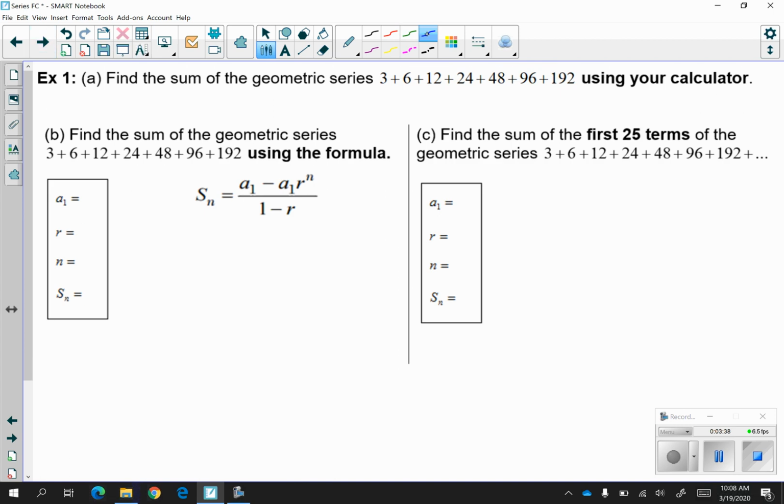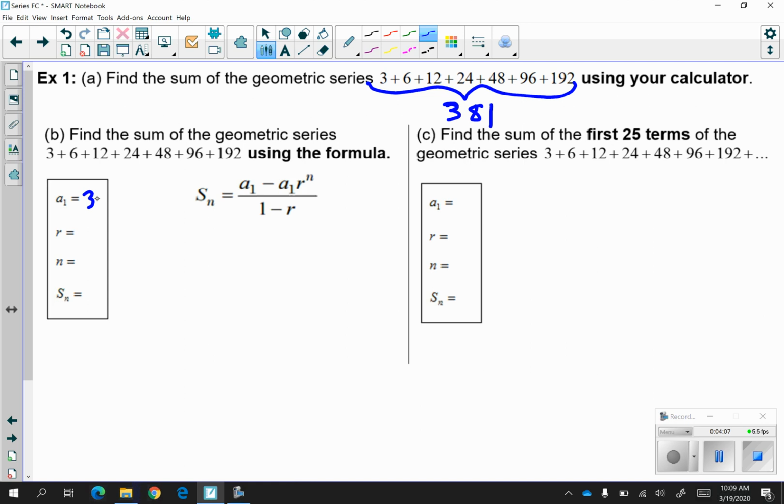Let's try using the formula. So if you want to find the sum of the geometric series, we know it's a series because of the plus signs, you can just use your calculator. And if you were to plug that in your calculator, you should be getting 381. If you wanted to do it using the formula, we're going to know that our first term in this series would be 3.